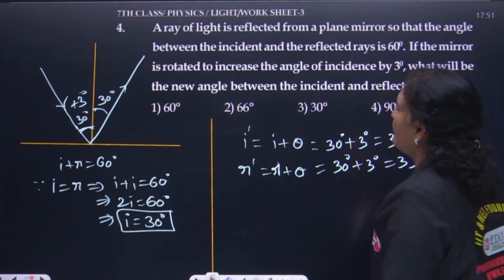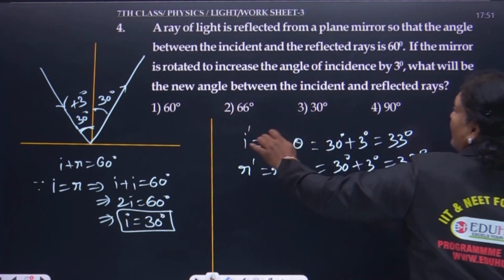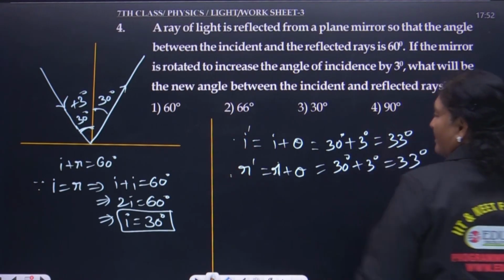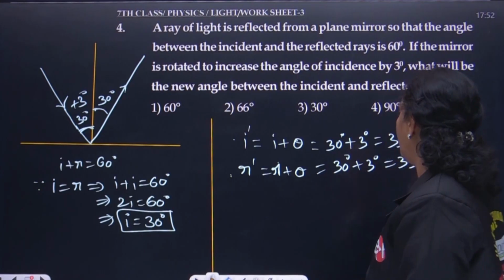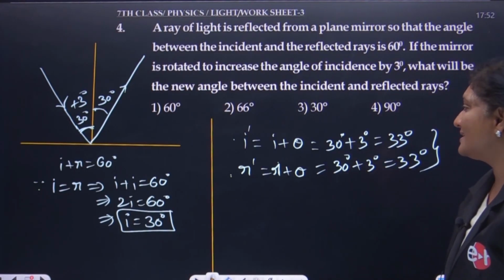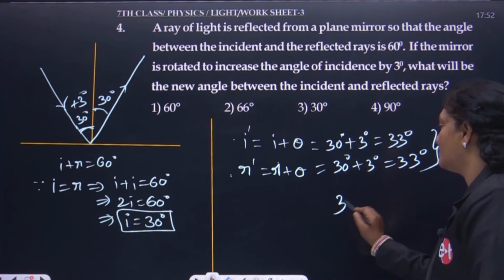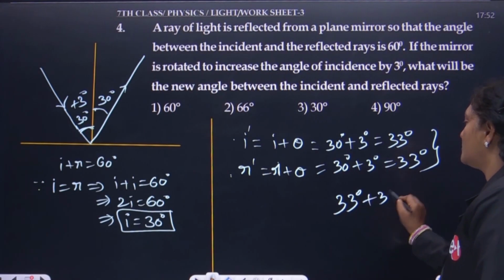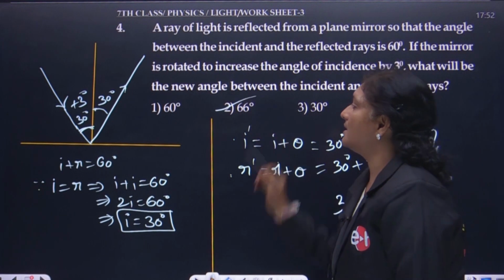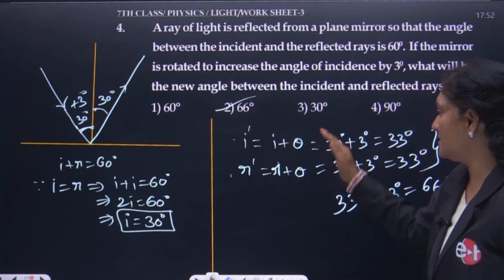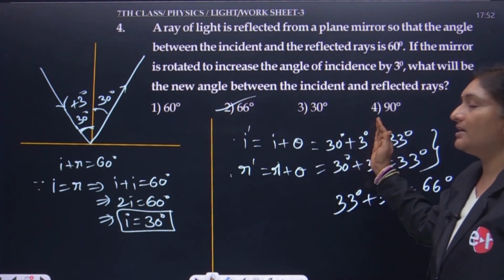Now you are asked to find the new angle between the incident ray and the reflected ray. The total angle between the incident ray and reflected ray is 33 degrees plus 33 degrees, which equals 66 degrees. So this is deviated by theta, and this is also deviated by theta.